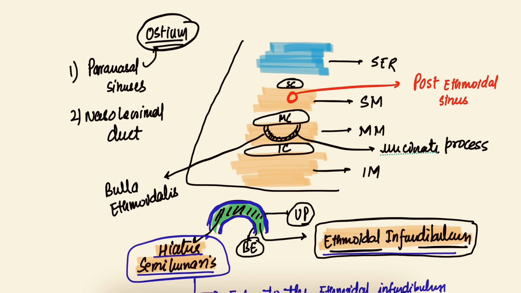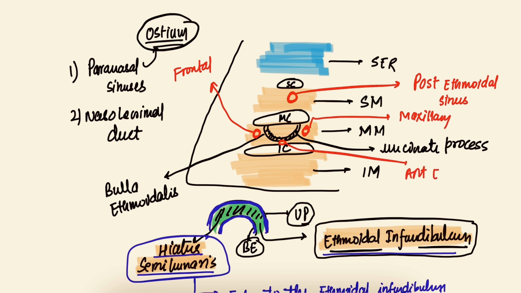Around the hiatus semilunaris: in front of it there is an opening, posterior to it there is an opening, and just beneath it there is an opening. In front of this there is the frontal sinus opening. Posterior to it there is the maxillary sinus opening, and beneath it there is the anterior ethmoidal sinus opening.